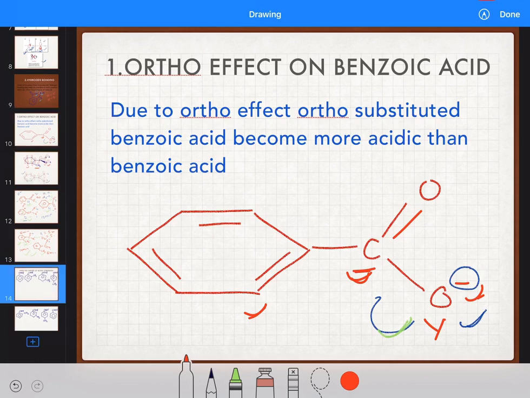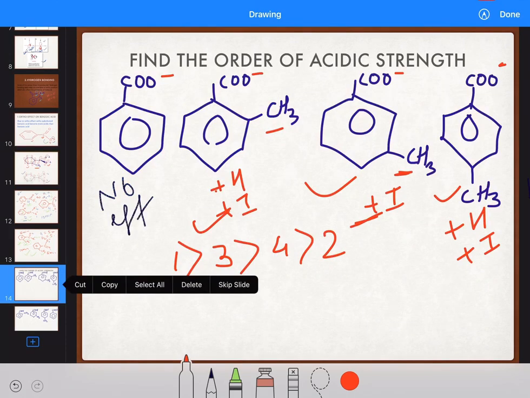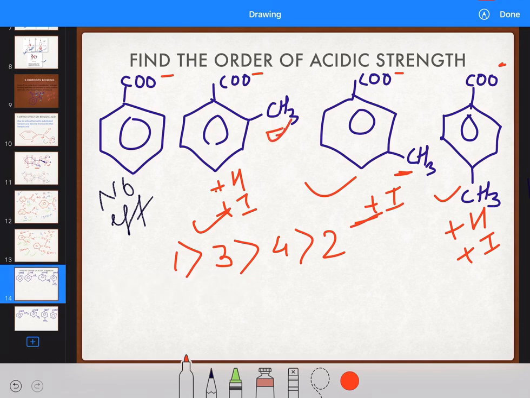So see this one, this is ortho substituted benzoic acid. And ortho effect tells that ortho substituted benzoic acid will be more acidic. Why did it happen? We saw that in the last lecture, because of SIR. Because of SIR, the carbon will not get resonance from benzene, so the negative charge will be more stable.